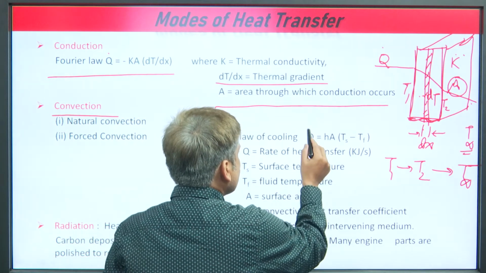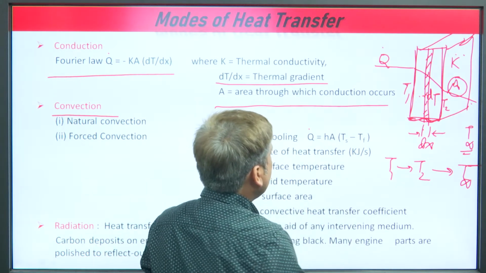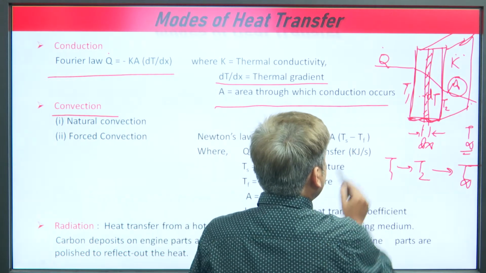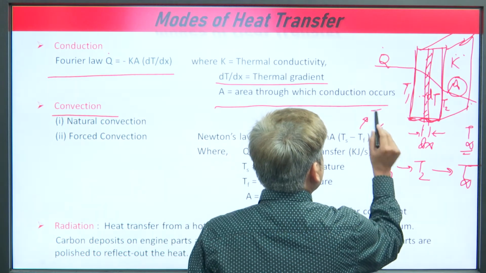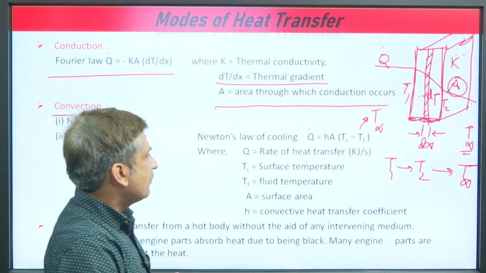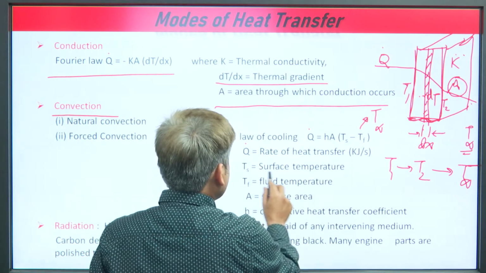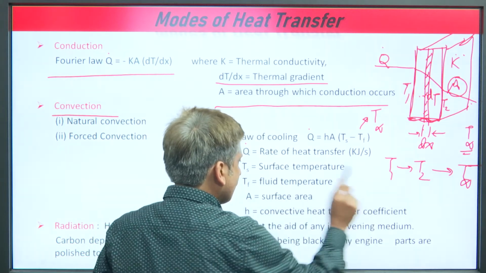So, the heat transfer rate Q dot is equal to h A (Ts minus Tf), where Ts is the surface temperature and Tf is the fluid temperature, which in many books is written as T infinity. Q dot is the rate of heat transfer, A is the surface area, and h is the convective heat transfer coefficient.